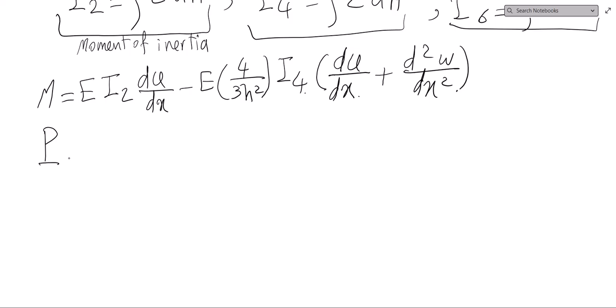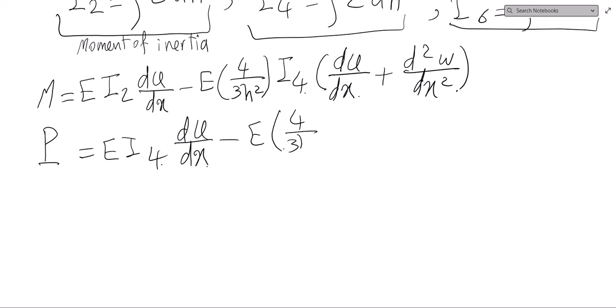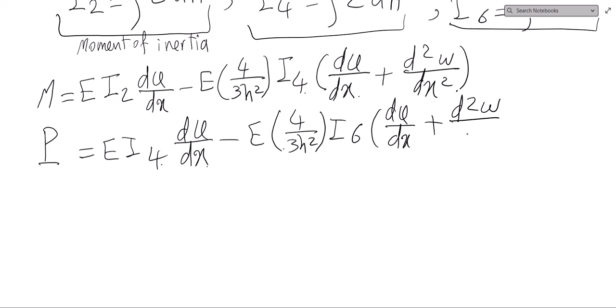And P is EI4 d phi dx minus E, or 3h square I6 d phi dx plus d2w over dx square.